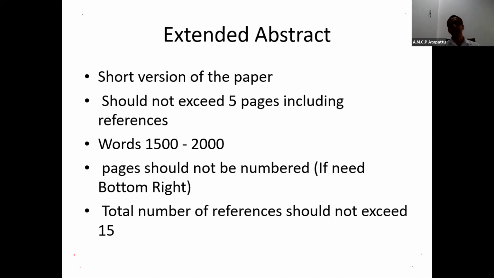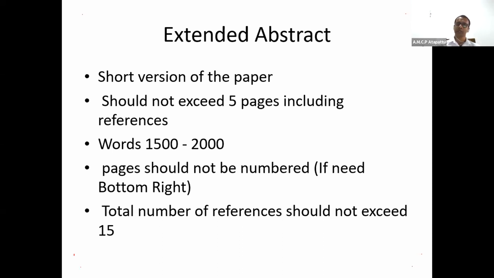But only by reviewing the abstract, sometimes we are unable to take the decision. That's why publishers and the conference organizers say send extended abstract. In the extended abstract, there may be 4 or 5 pages, but don't exceed more than 5 pages. Sometimes we said previously 4 pages, but now we say 5 pages, including your references.